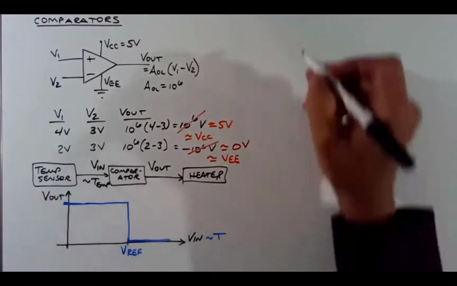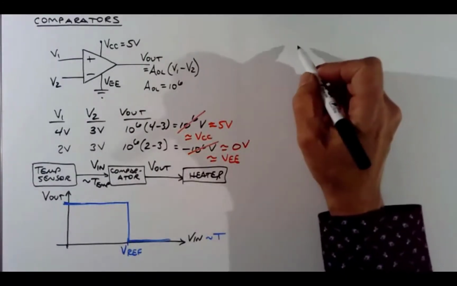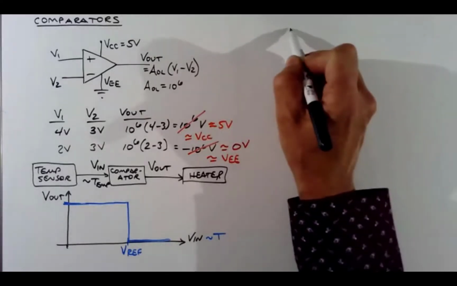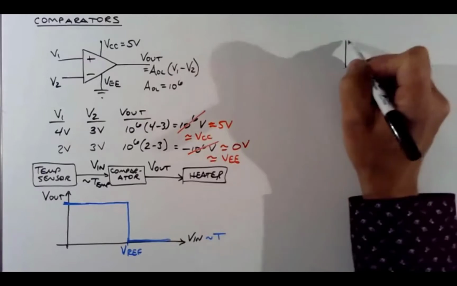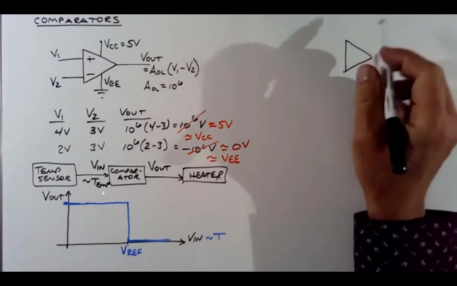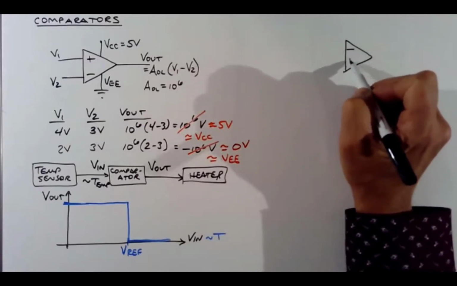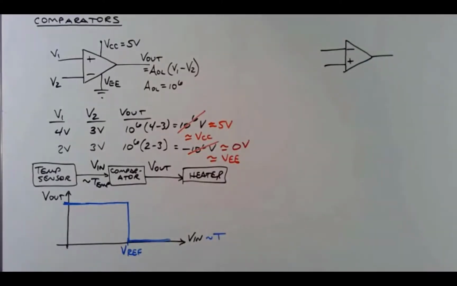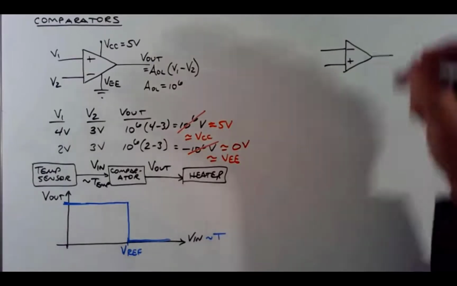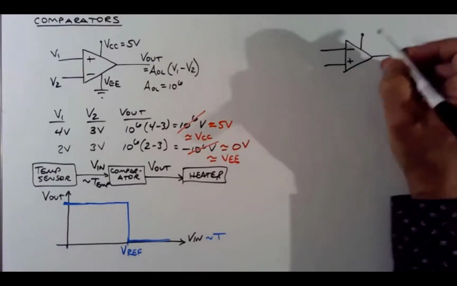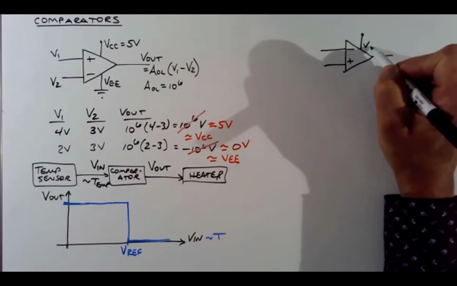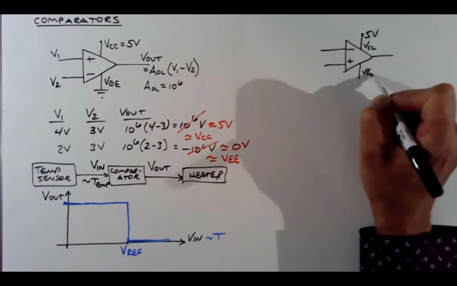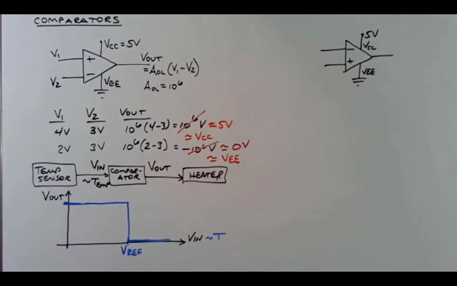So let's do that. I'm going to draw the schematic, and then we'll give it a name. So there's my op amp. I'm going to connect this op amp to VCC and VEE values. Let's say VCC is 5 volts, VEE is 0 volts or ground.